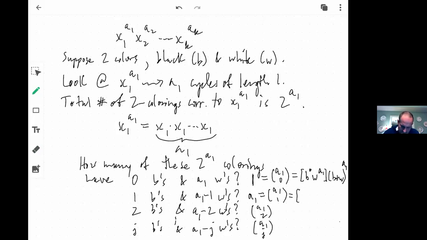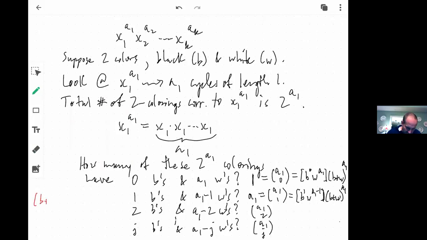Okay, what would this be? Well, that would be the coefficient of b to the 1 w to the a1 minus 1 of the binomial expansion of b plus w to the a1. Because remember, let me just kind of write this over here for your convenience. Think about it for a minute.